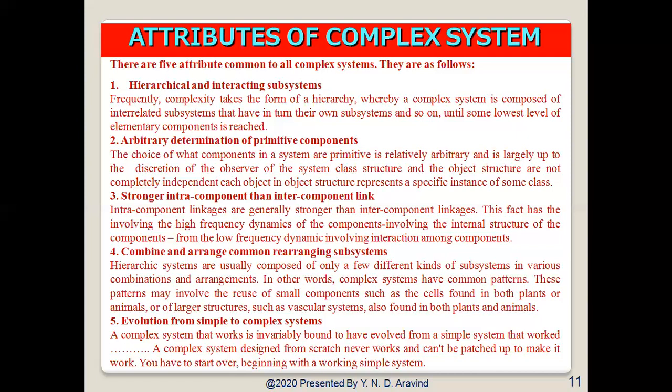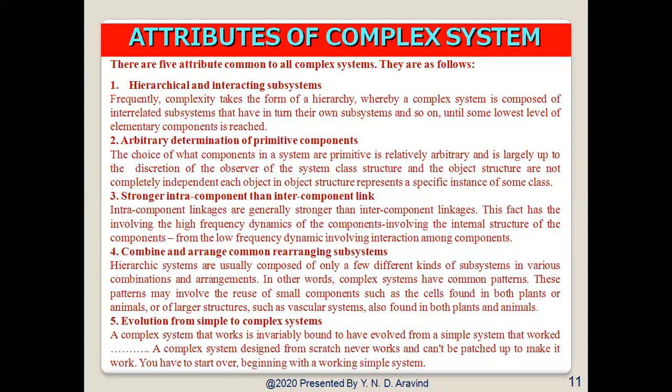And coming to the fourth attribute, common patterns of combining and rearranging subsystems. Here the hierarchical systems are usually composed of only a few different kinds of subsystems in various combinations and arrangements.